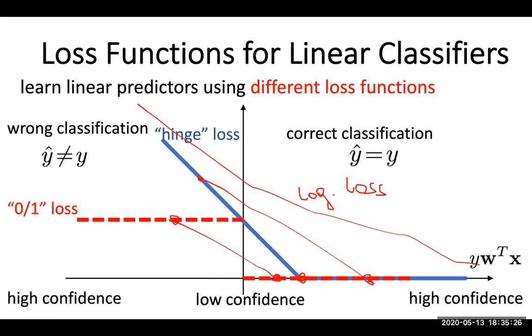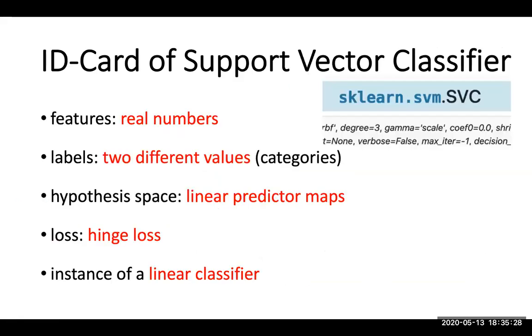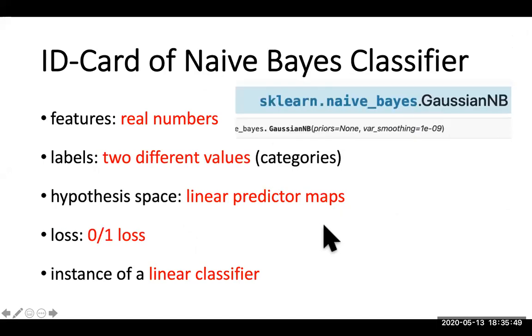However, you don't need to worry about this in this course because guess what? Both loss functions are implemented in Python objects. The first one, the Hinge loss. So replacing the logistic loss with the Hinge loss yields the support vector classifier instead of logistic regression, and it's implemented using this Python object.